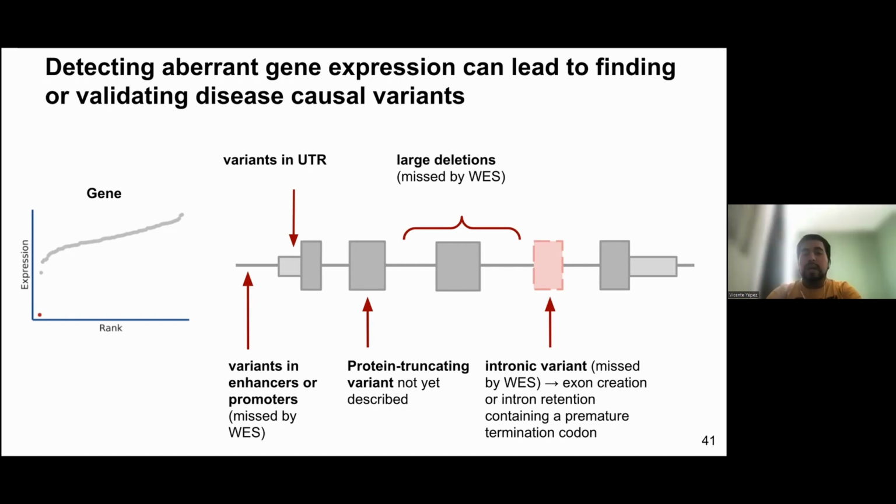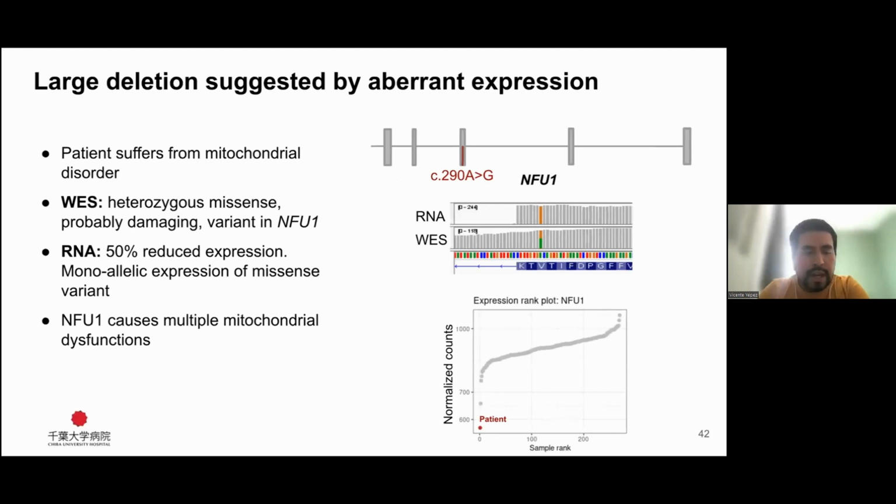So I'll present now some cases, I think five in total, real life cases that happened to patients where RNA was directly useful. For example, this one, a patient from Japan, from the Chiba University Hospital, a couple of years ago, suffers from a mitochondrial disorder.